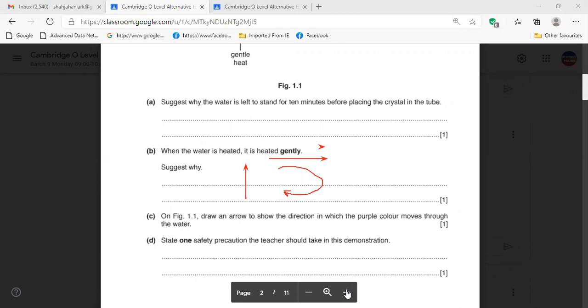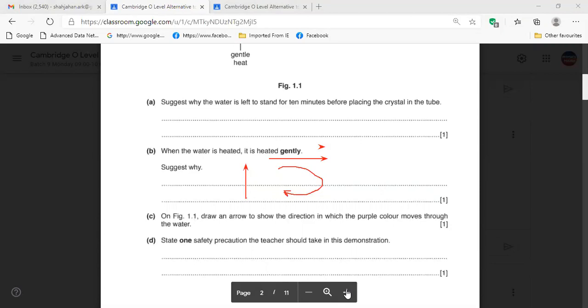Gloves and safety goggles. Correct. Any more ideas? I wrote flammable things should be kept away from the Bunsen burner. Yes, that is also accepted.